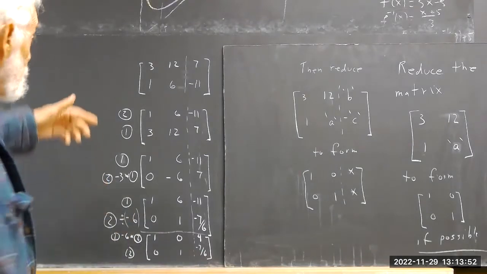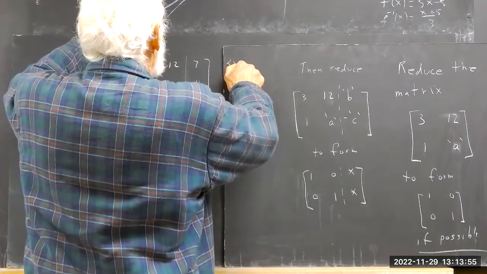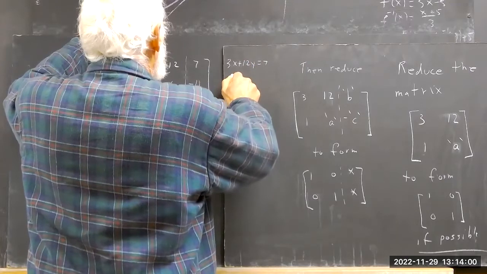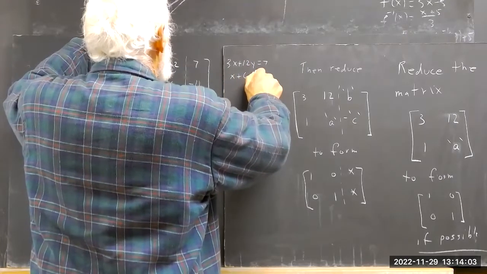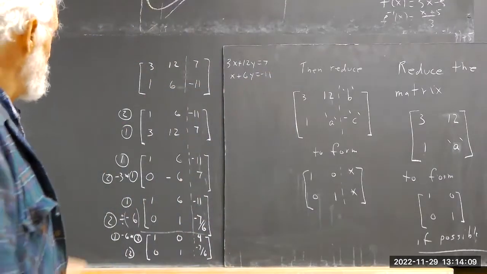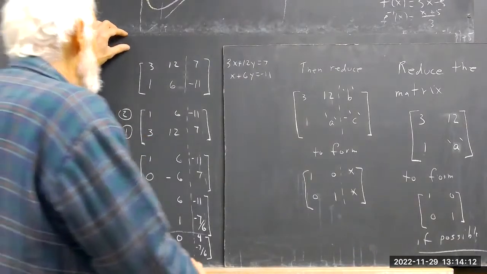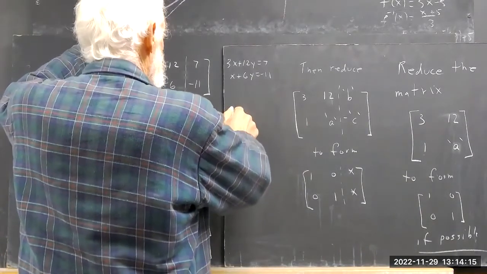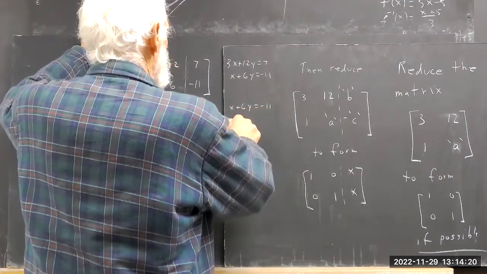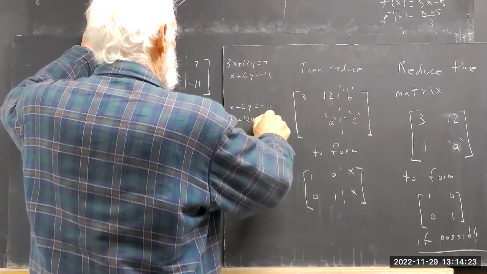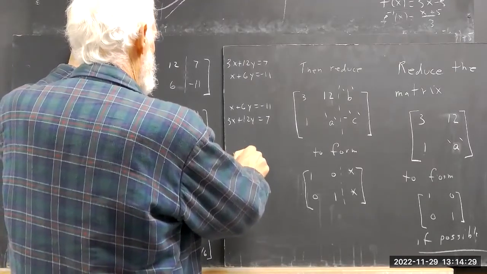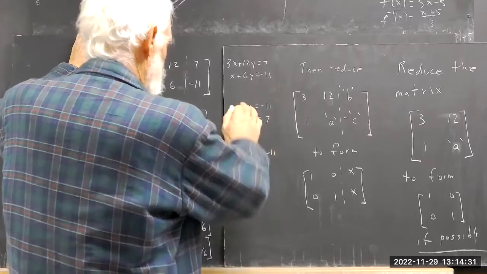Okay, so my original equation was, that's right. Down here, well, this just switches my two equations. Here, this stands for x plus 6y equals negative 11, same as it was.